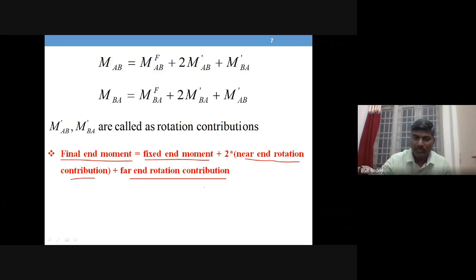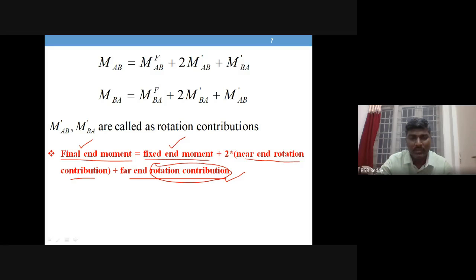We have already discussed in the previous semester how to calculate fixed end moments. Now we will discuss how to calculate this rotation contribution. If you know this, then you are able to find final end moments.